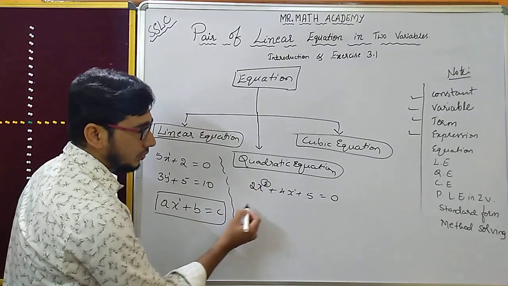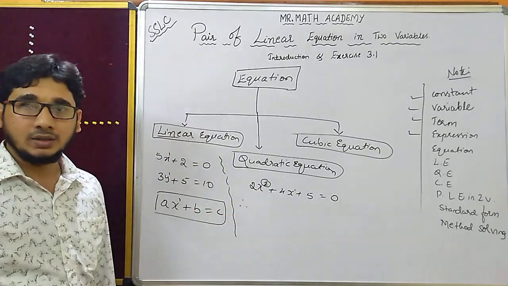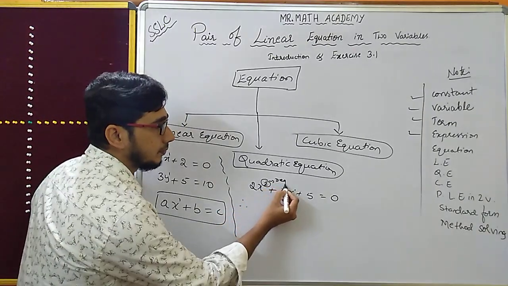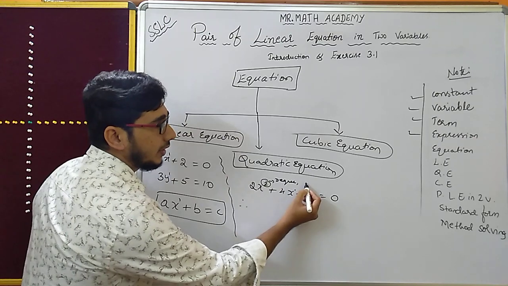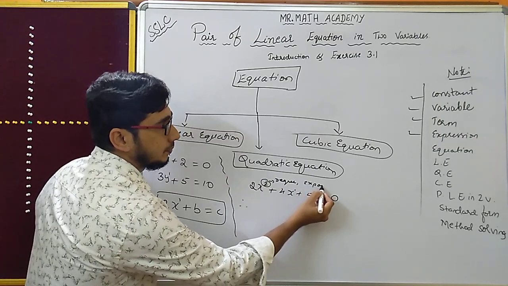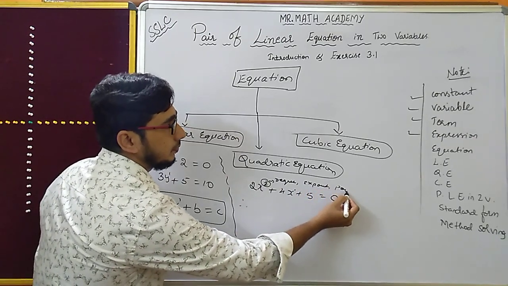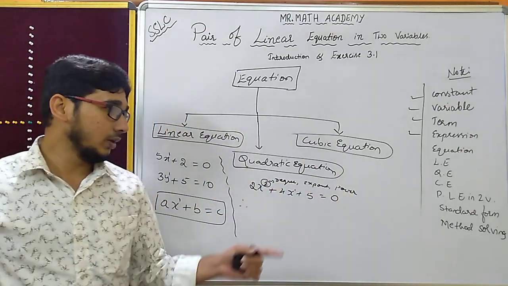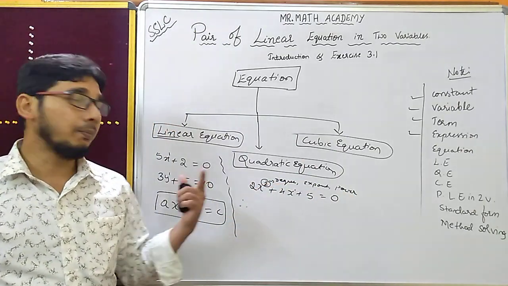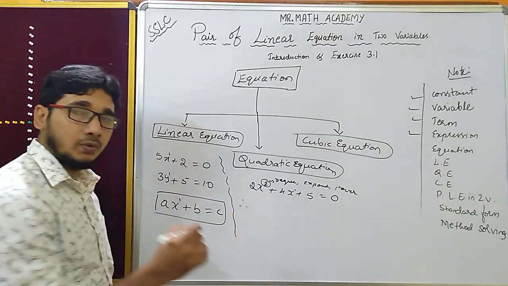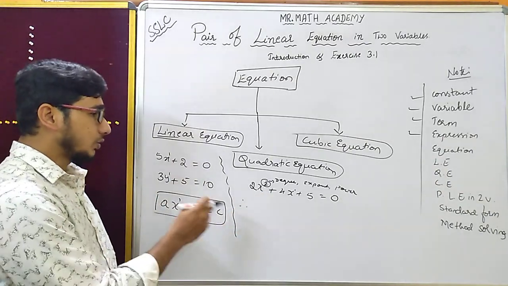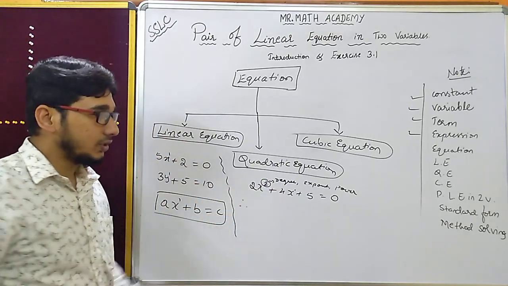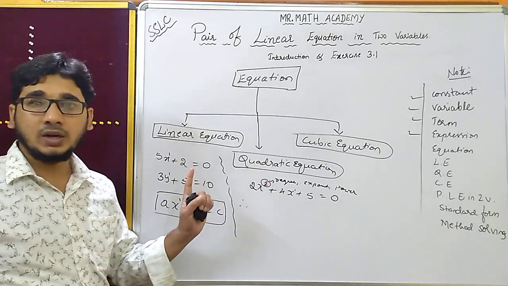Here power is 2, therefore it is a quadratic equation. And this we call a degree. Exponent and power are all similar, the same. Degree means highest power. If the highest power on the variable is 1, it is linear. If the highest power is 2, then it is quadratic.